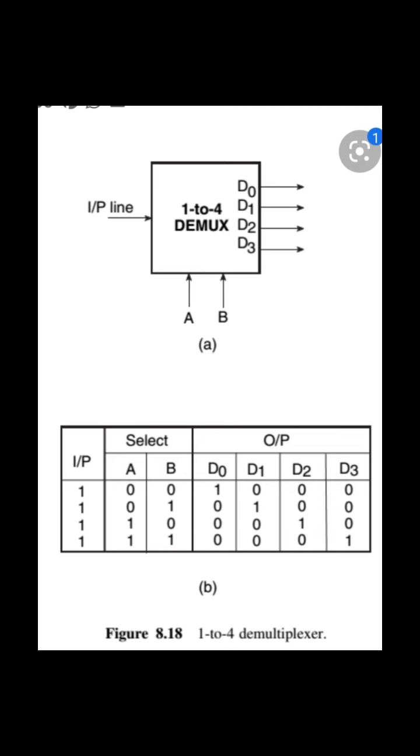The truth table of the 1 into 4 demultiplexer is shown above. So here the input is DIN, the selectors are A and B, and the outputs are D0, D1, D2, D3.